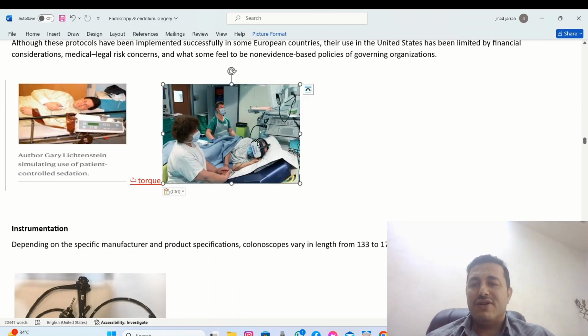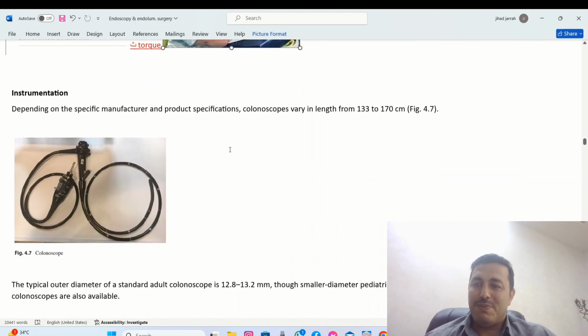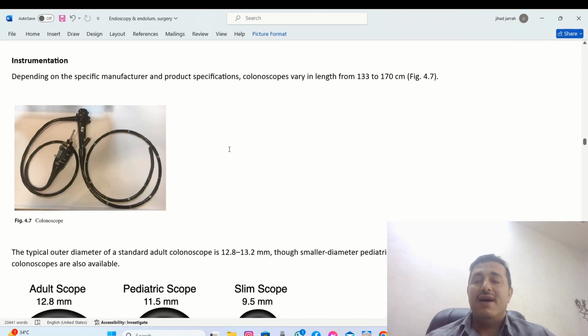One of the nice pictures I found while searching about this issue is the use of virtual reality while performing the colonoscopy, so the patient may watch his preferred film while he proceeds with colonoscopy.